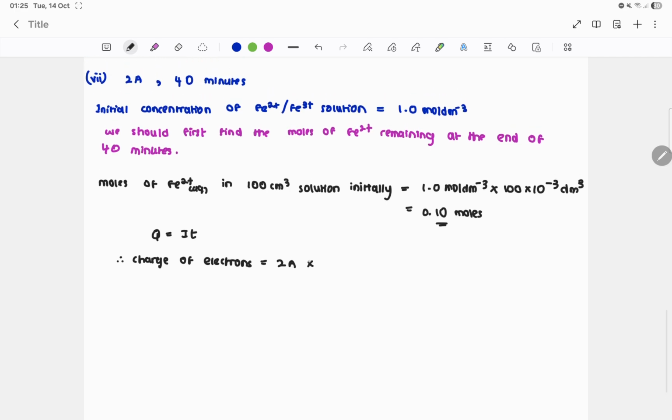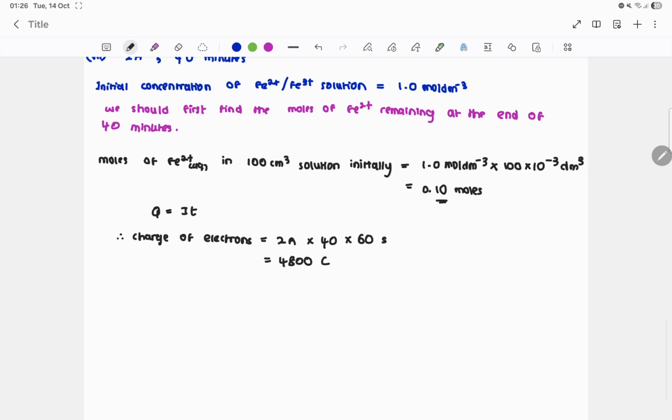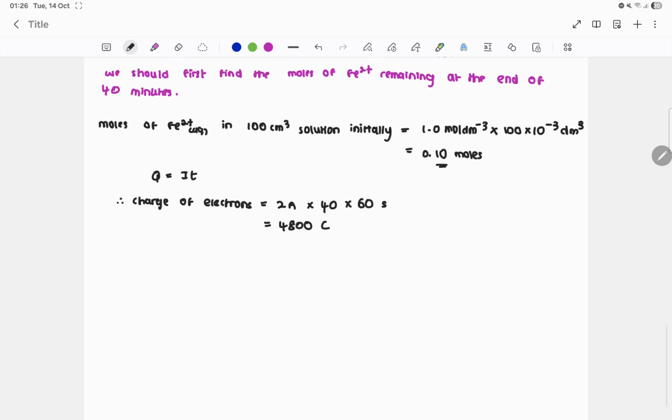We need it in seconds, so we convert 40 into 60 seconds, which is 2400, into 2, gives 4800 coulombs. Okay.